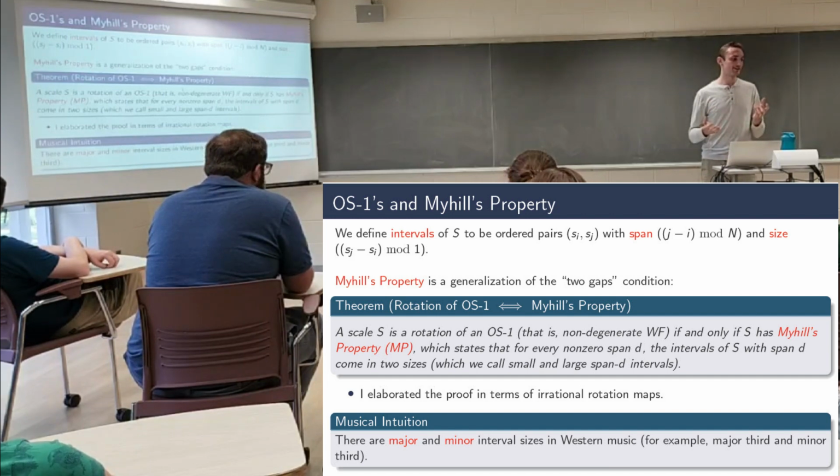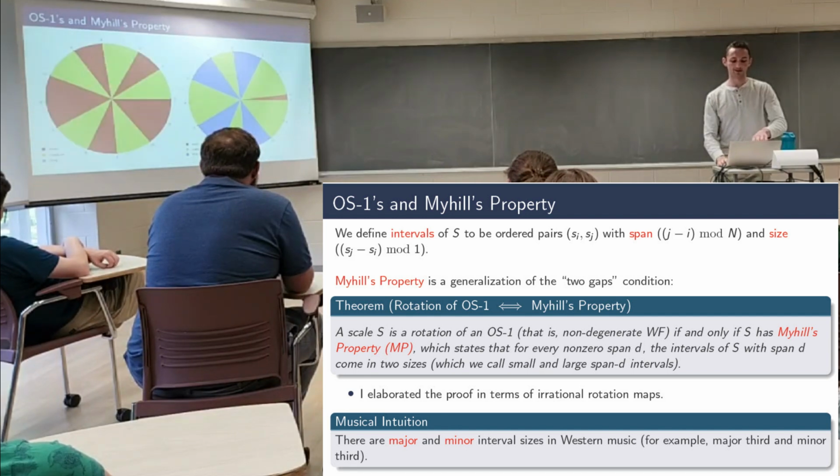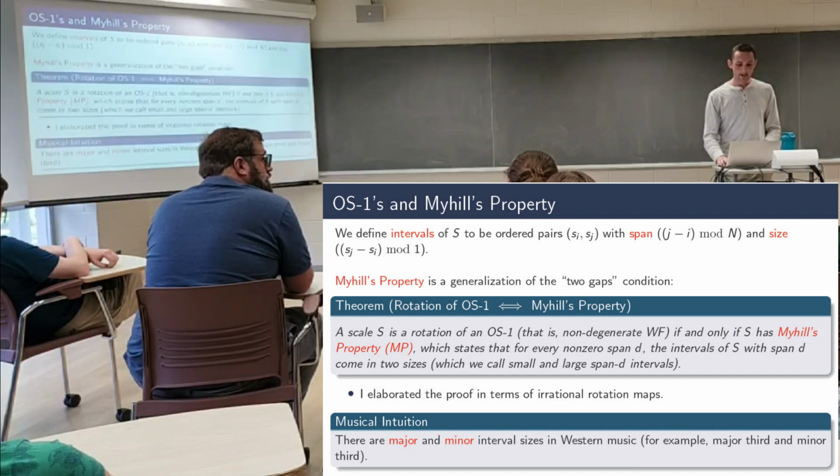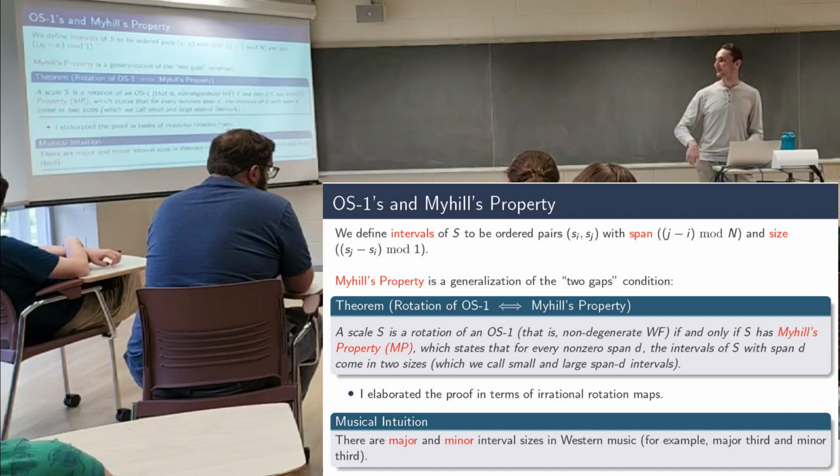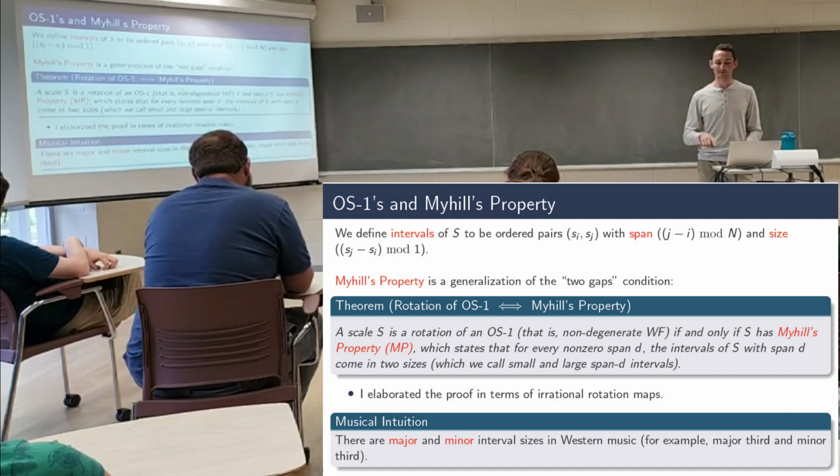We call the span of the interval the difference between their indices in scale order. So gaps are intervals of span 1 because in the scale order their indices differ by 1. And then we call the size of an interval just the counterclockwise distance between them on the circle.